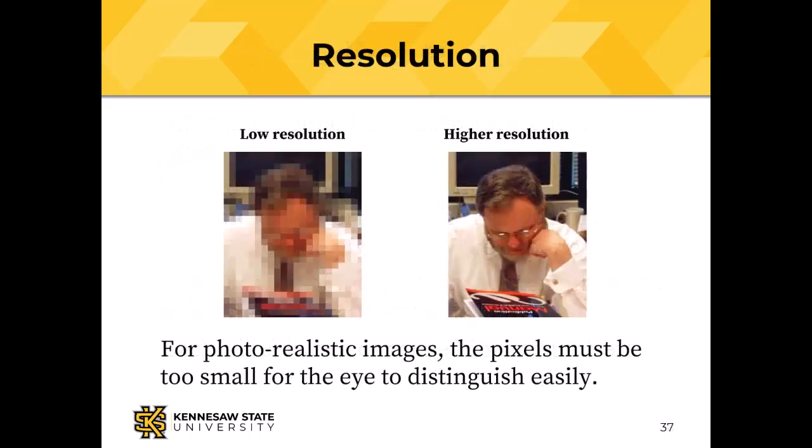So here's that example of resolution that I promised you. On the left, you have a low resolution image. The pixels are big, and there are not very many of them per inch. On the right, higher resolution, the pixels are much smaller, and in fact, you'd have to get really close to the screen to distinguish them. To get photorealistic images, like the one on the right, the pixels must be too small for the eye to distinguish individual pixels.